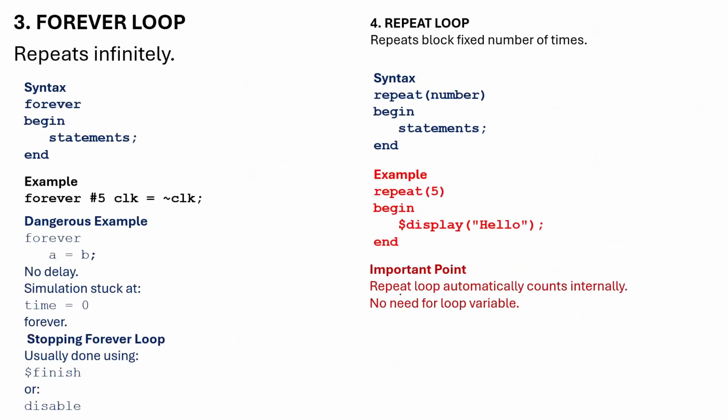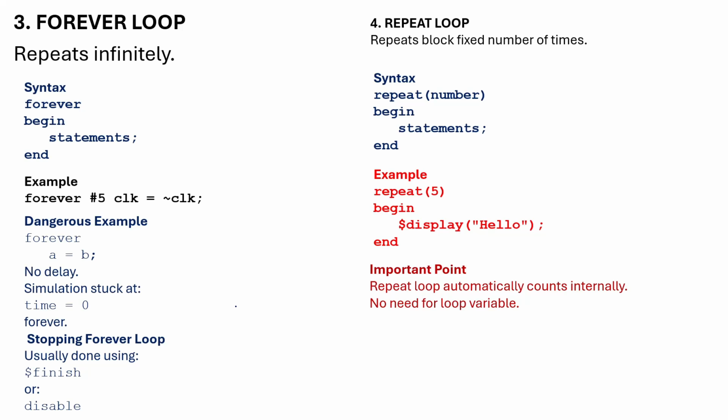Forever loop. It also repeats infinitely. But there is a condition: when you are ending your forever loop, you use dollar finish. If you are using dollar finish based on the time delay, it will terminate your loop.